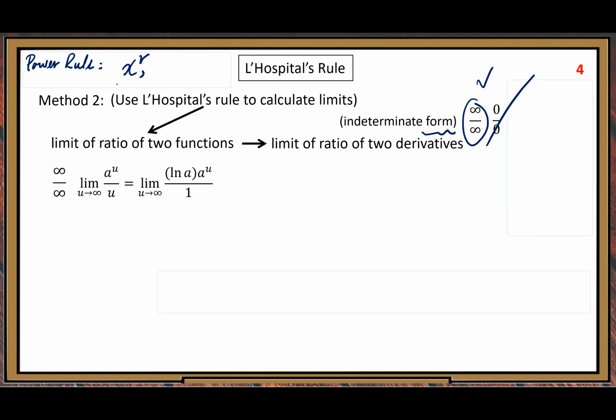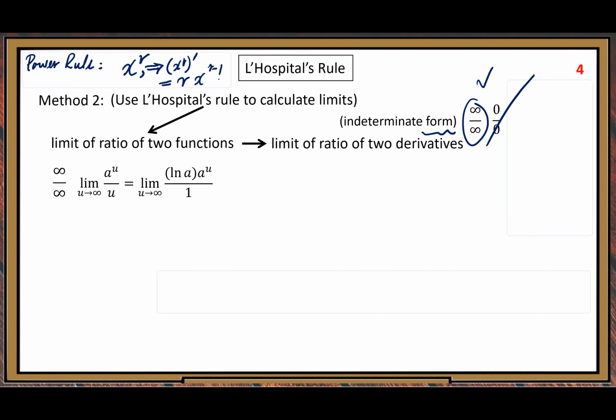The power rule tells us its derivative equals r times x to the r minus 1. That's the power rule. Here we apply the power rule, and we get just 1.